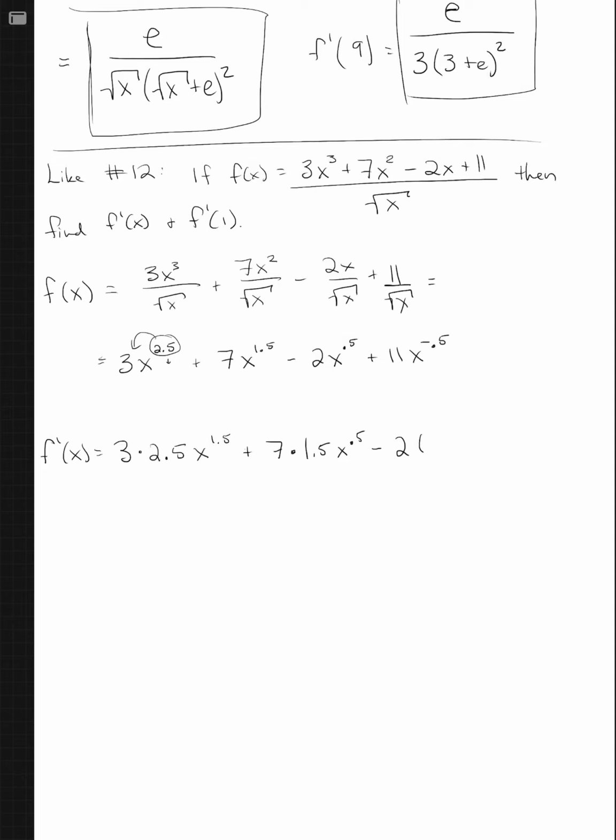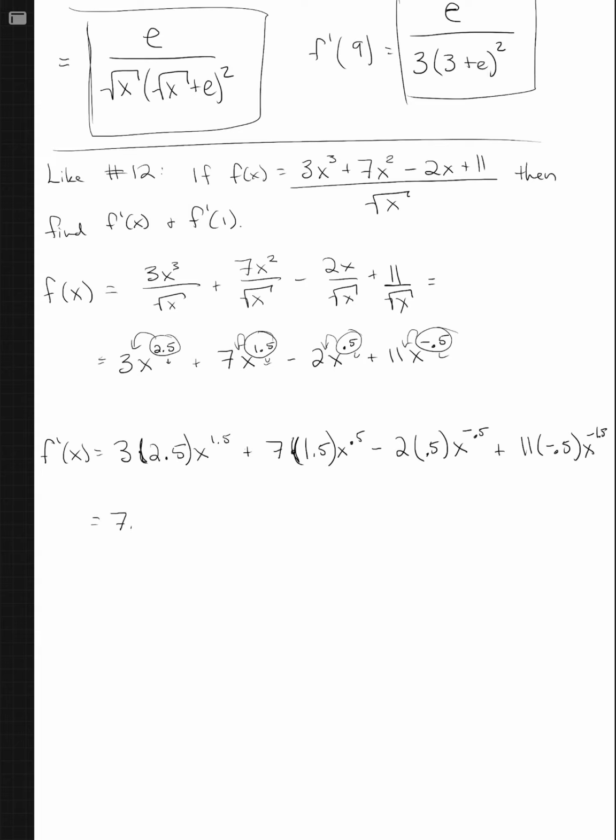This becomes minus 2, and let me not use that dot, that's not great notation, times 0.5 times x to the negative 0.5, plus 11 times negative 0.5 times x to the negative 1.5, right? Every time we brought the power down, and then we subtracted 1 from it.